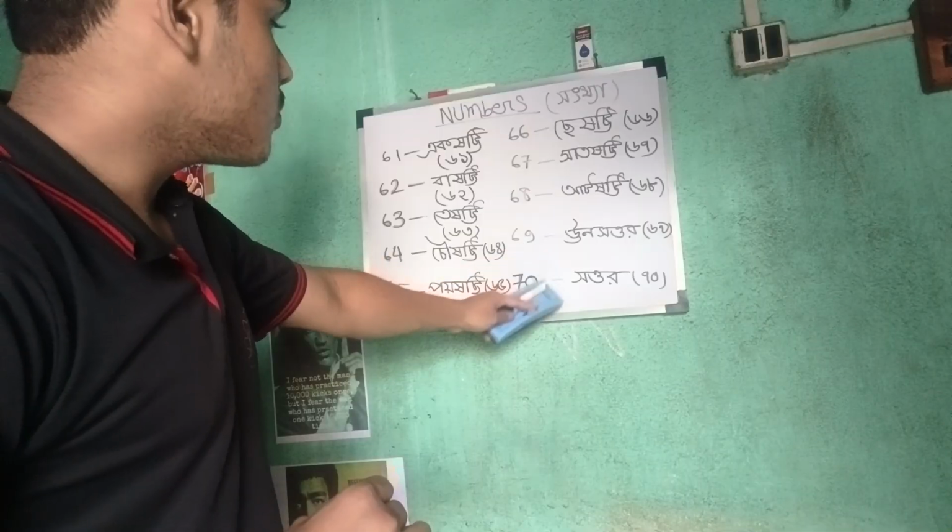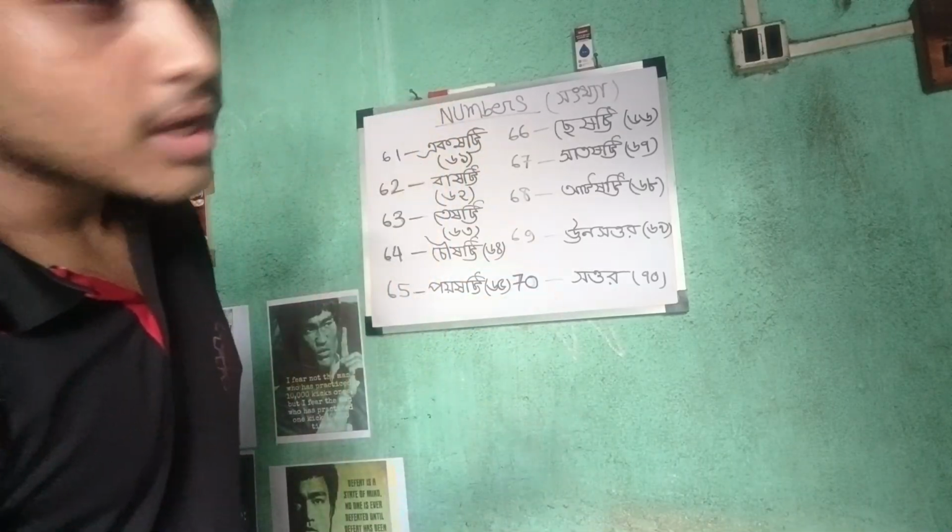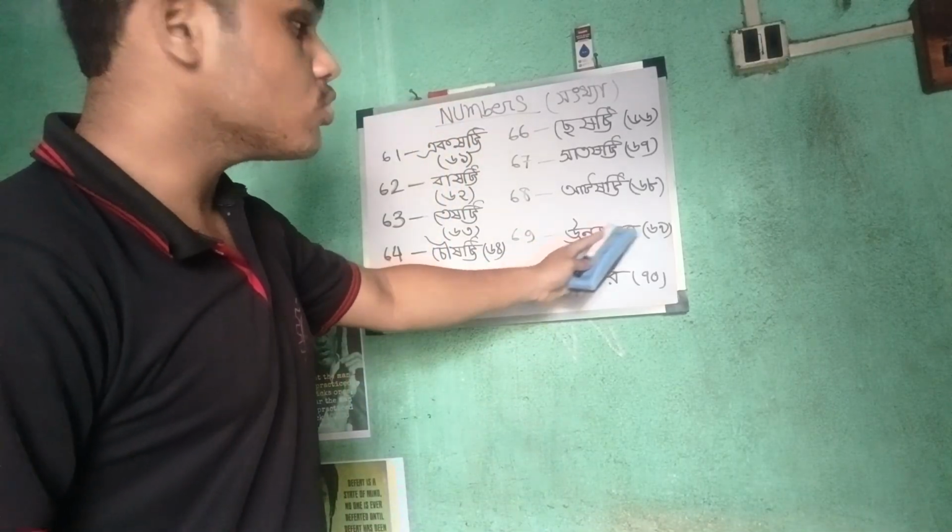After 69 we have 70, which means sôttôr. Okay.